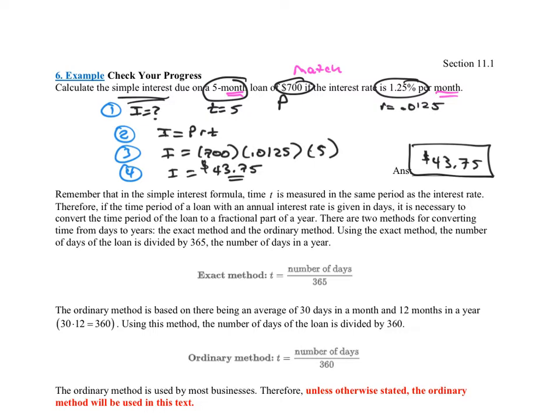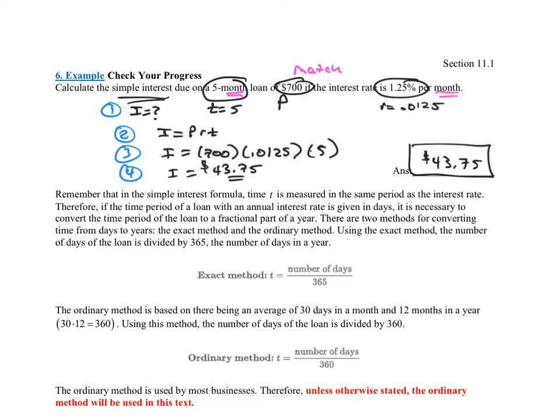So what they did was they said, let's assume that every month has 30 days. Because if it was 31 days, it would be too many. Far too many, and if it was 29 days, it'd be far too few when you look at an entire year. So if we assume 30 days each month, and there's 12 months in a year, that would give me 360 days a year.